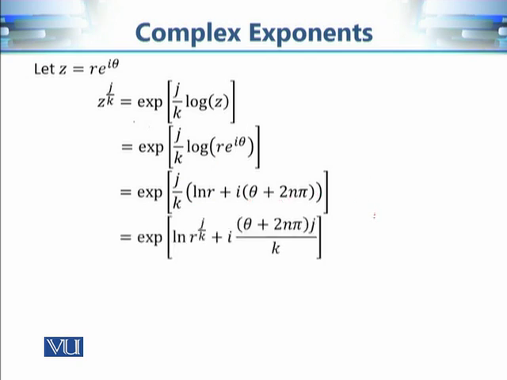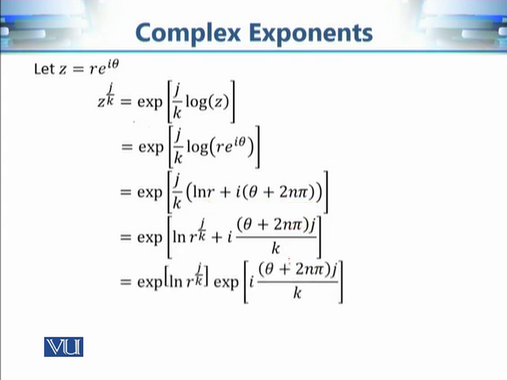Okay, so very simple. From here we can use the properties of log of real numbers, because r is a real number and j over k are also real numbers. So this is equal to natural log of r raised to power j over k, and then multiplying j over k with this term, we get iota theta plus 2n pi j over k. Moving on, we can use the properties of exponential, so this plus this.